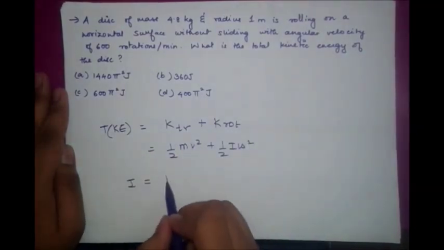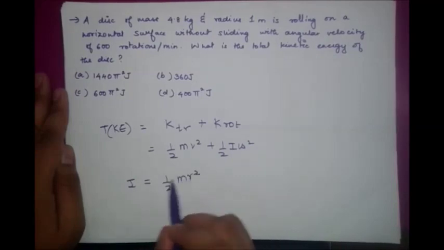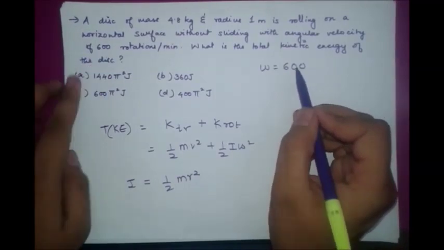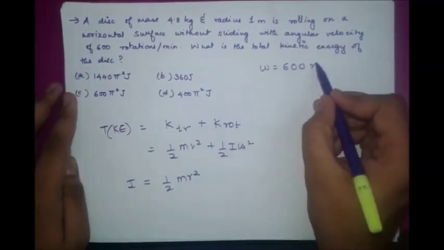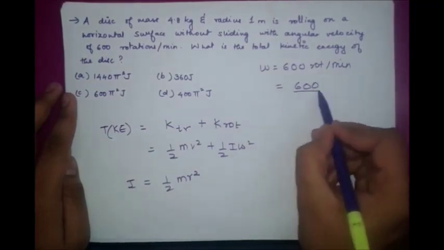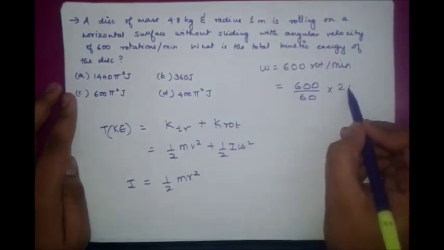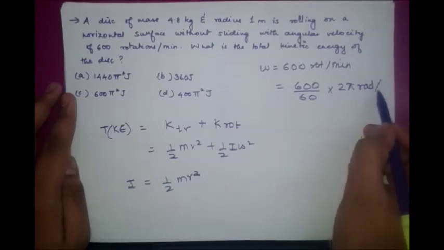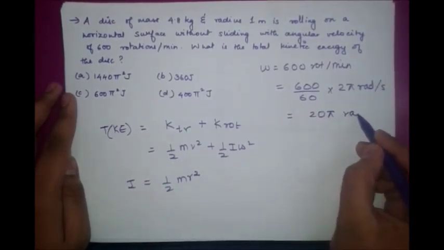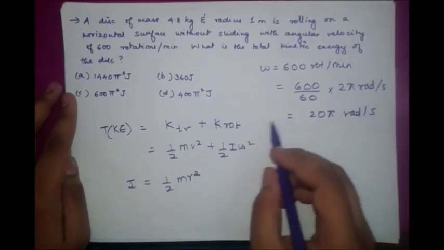So I is equal to half mr square. Value for omega is equal to 600 rotations per minute, which is equal to 600 upon 60 into 2 pi radians per second, 20 pi radians per second.